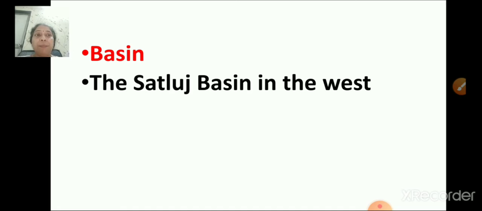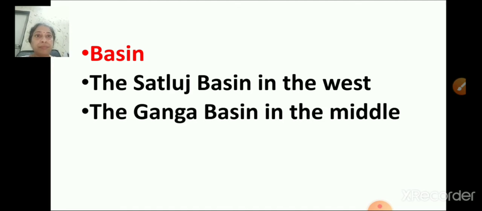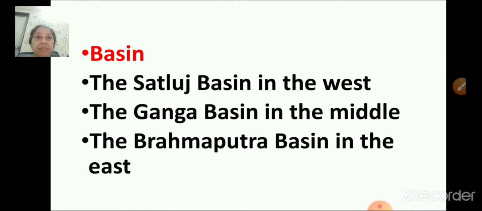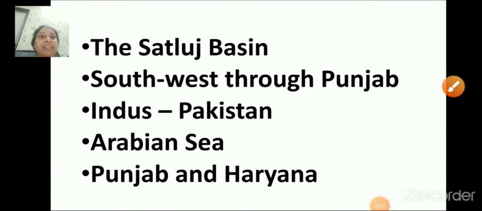the Sutlej Basin in the west, the Ganga Basin in the middle, the Brahmaputra Basin in the east. So children, let's learn these one by one. First is the Sutlej Basin.